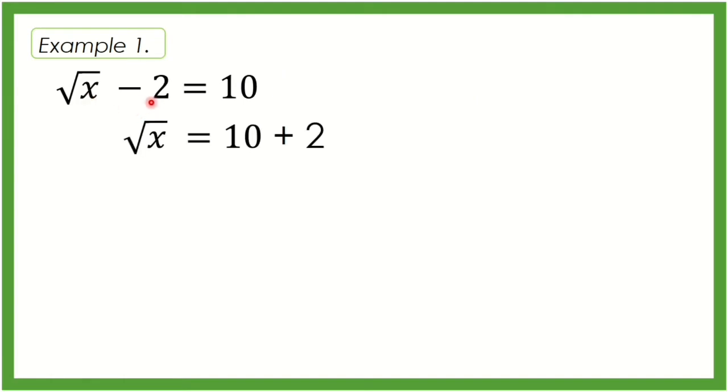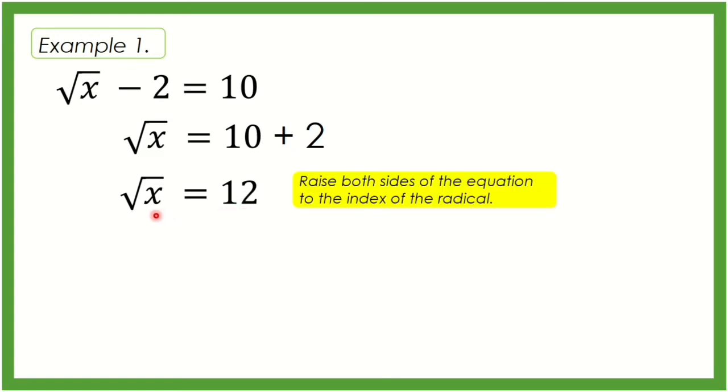We can transpose negative 2. I-move natin dito sa right, so magiging positive 2. We now have square root of x equals 10 plus 2. 10 plus 2 is equal to 12.